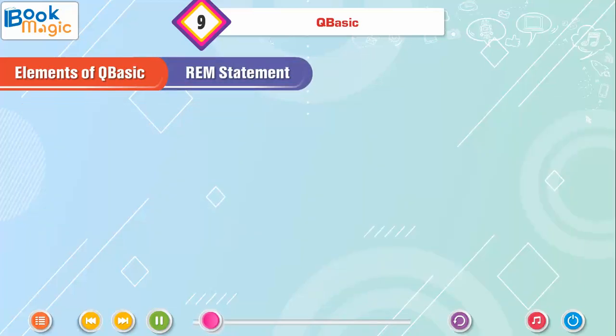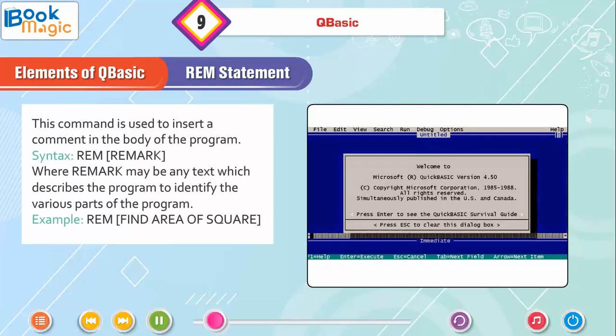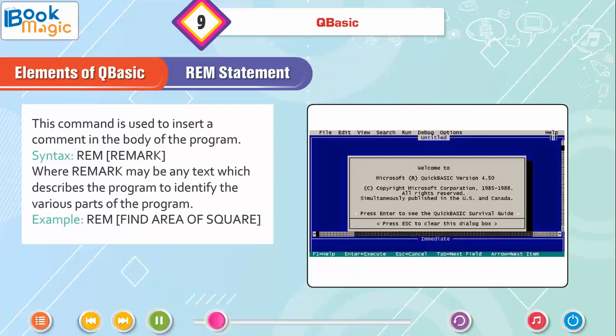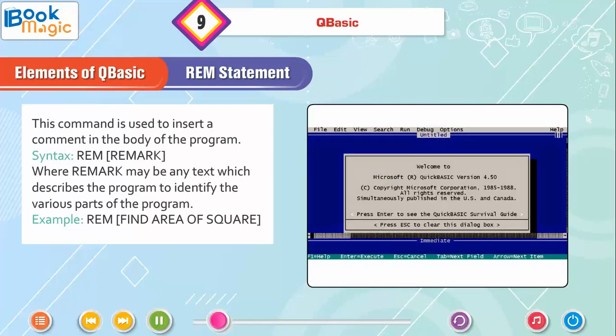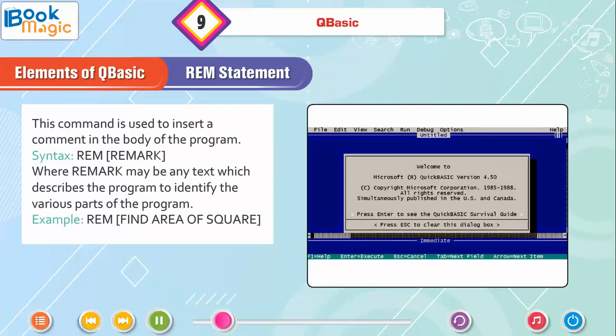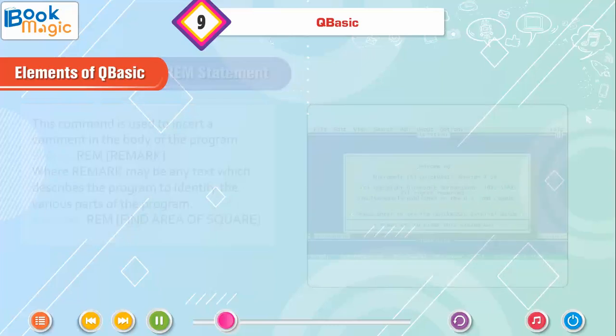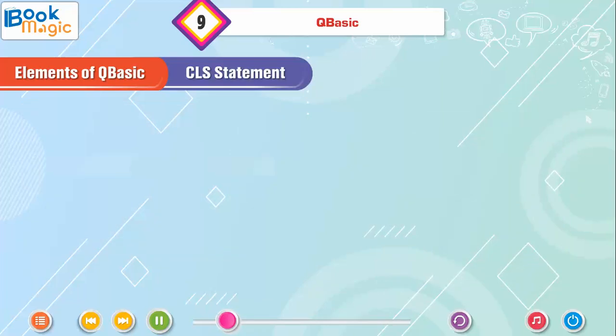REM statement. This command is used to insert a comment in the body of the program. Syntax. REM remark, where remark may be any text which describes the program to identify the various parts of the program. Example. REM Find area of square. CLS statement.